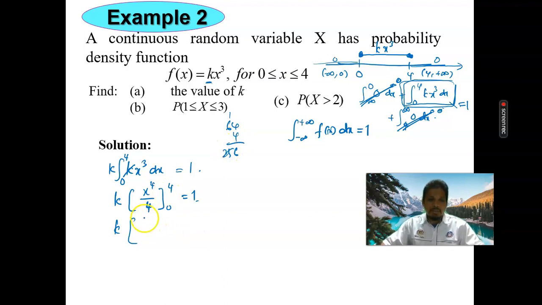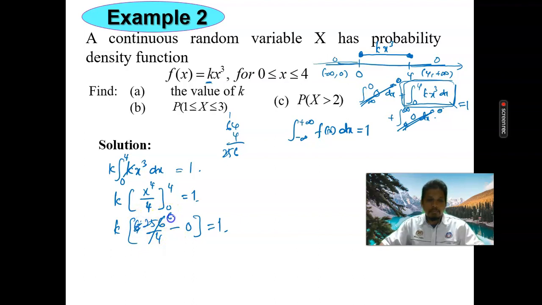Okay, 256 divided by 4 minus, substitute x with 0, 0 over 4, which is 0, equal to 1. So 256 divided by 4 equal to 64.